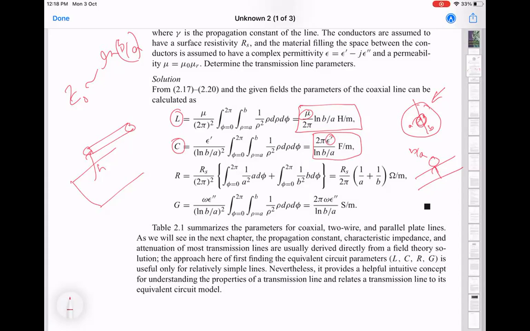L will go up. So if I decrease A, this would mean L would go up, C would go down, and that would mean Z0 will go up, and vice versa. If I increase B, then that implies L will go up, C will go down, and again Z0 will go up.